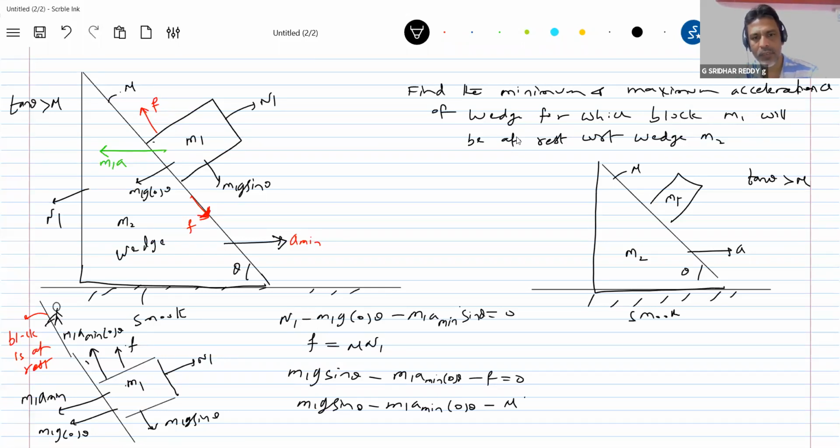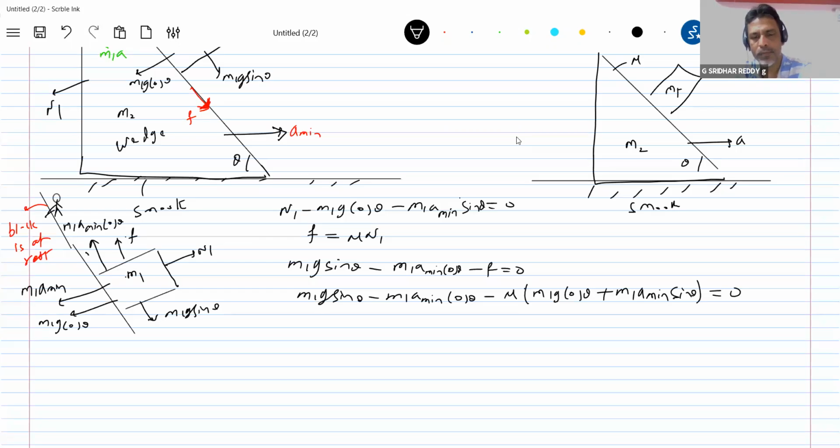In place of N1, what can I write? m1g cos theta plus m1 a minimum sin theta. All set equal to 0. Solving for a minimum, we'll get the required answer. So this is one basic equation. I'll slide down.